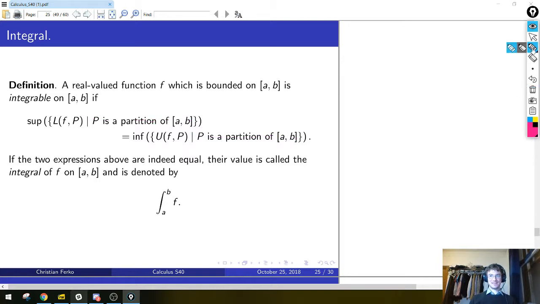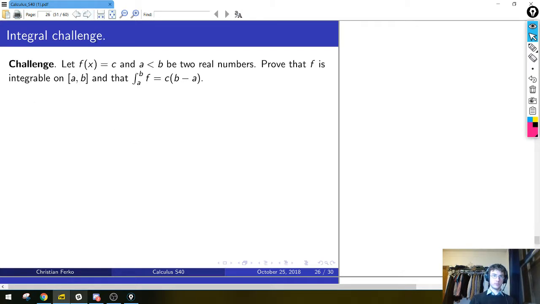Good. Okay, so I'll do, I think, one more important proof. But first, we should have a challenge to use this definition. So let f of x be some constant function. Fix some number c, and here's f as the constant function, and I'm also going to pick two points a and b.